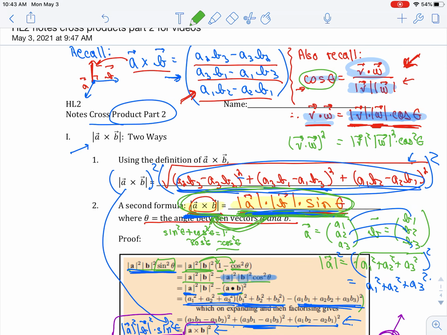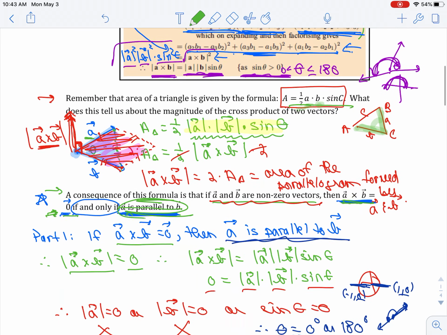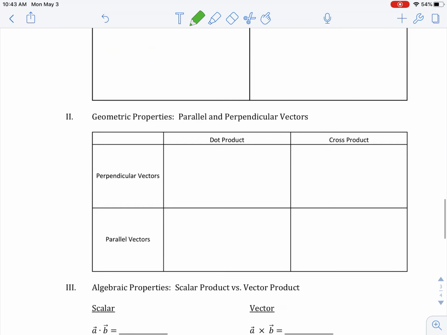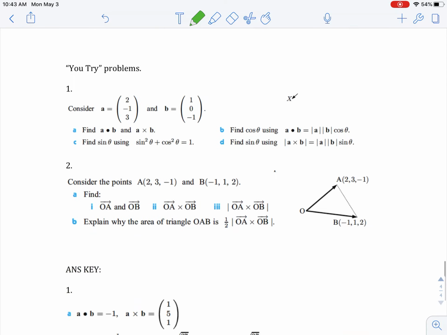Remember we said this was cosine of theta, this was dot product. Well, this is cross product and sine of theta instead. So we're seeing some parallels. And that's why I have this comparison chart that we will talk about tomorrow, because there are a lot of things that are kind of the same with dot product and cross product, but then there are a lot of things that are a little different. So we'll talk about this tomorrow.